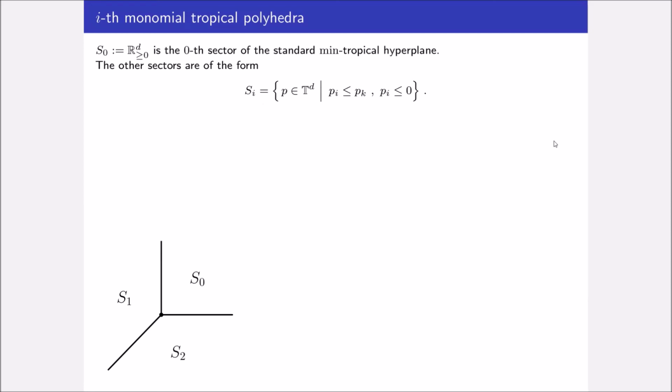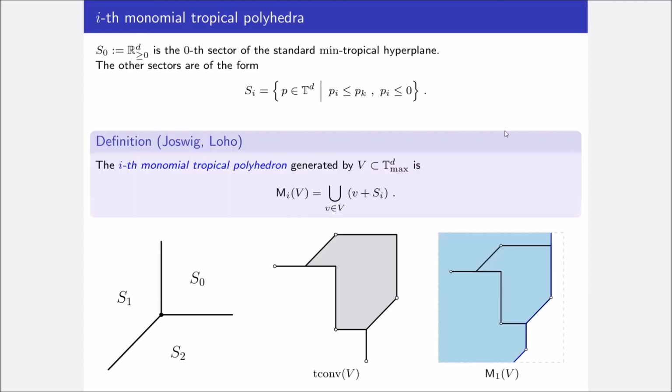And so whereas before we just took the sum of each of the generators with the positive orthant, we can generalize this to take the sum of the generators with the ith sector. And so this gives us a definition of an ith monomial tropical polyhedron. Rather than taking the positive orthant here, we just substitute it for S_i.